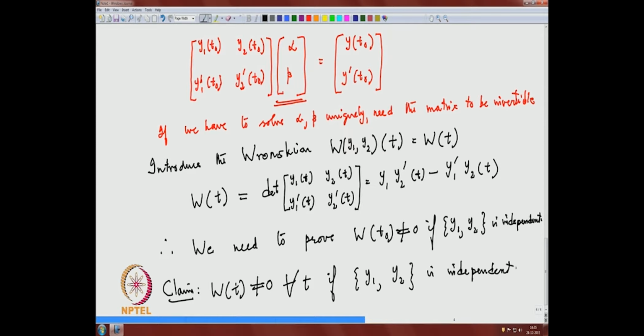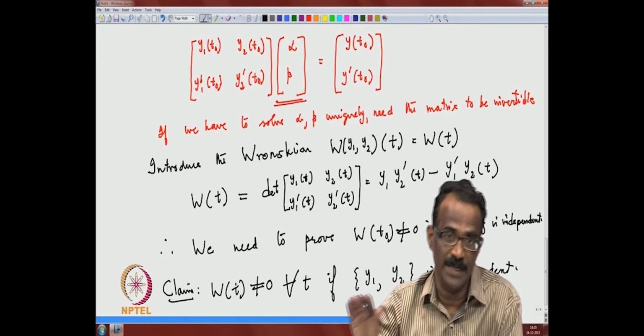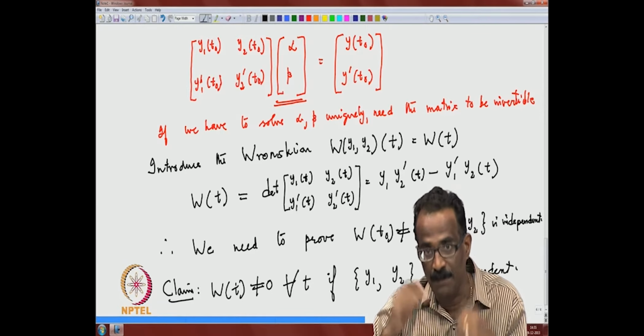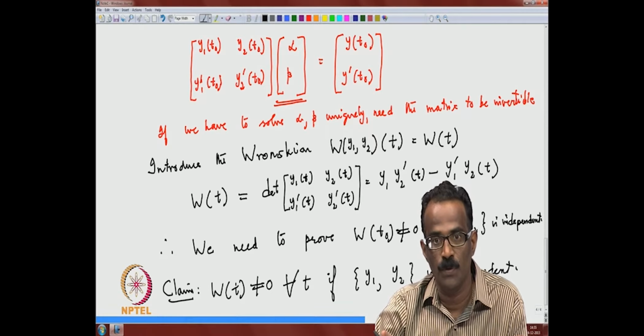So this is in two steps. First, we will show that W is either identically 0, for which you do not need independence, or it is never 0. Then we will show that in the case of independence it is not 0.